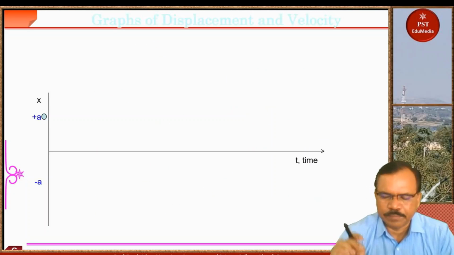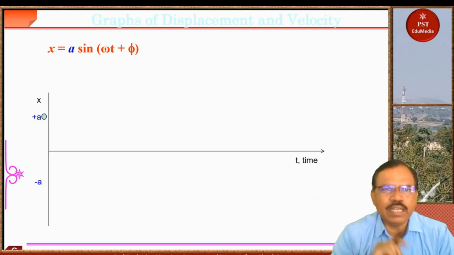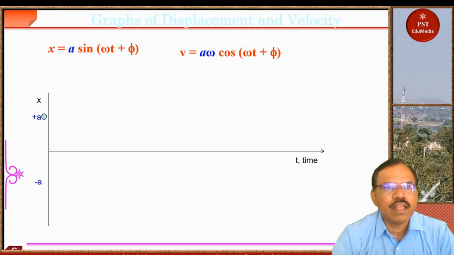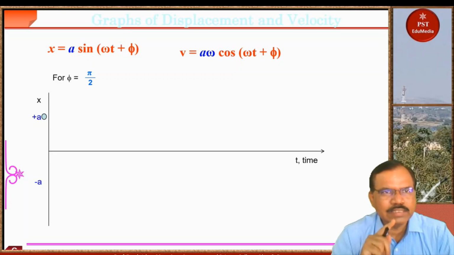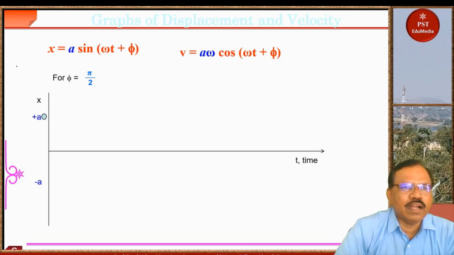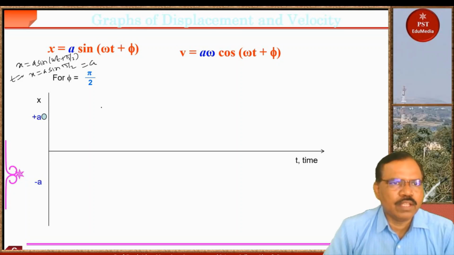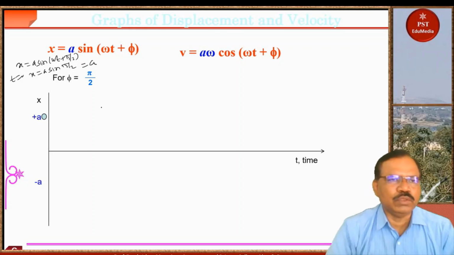And now see here, we have x is equal to a sine omega t plus phi, and the velocity is a omega cos omega t plus phi, and suppose we take phi is equal to pi by 2. Then x is equal to a sine omega t plus pi by 2, and at t is equal to 0 we get x is equal to a sine pi by 2, and sine pi by 2 is 1. So x is a, so it starts from the extreme position.